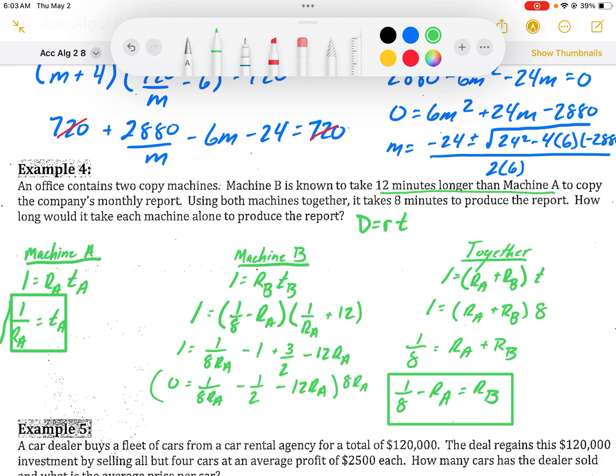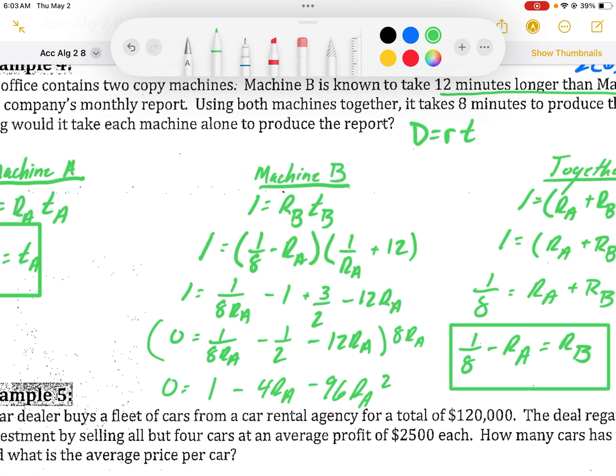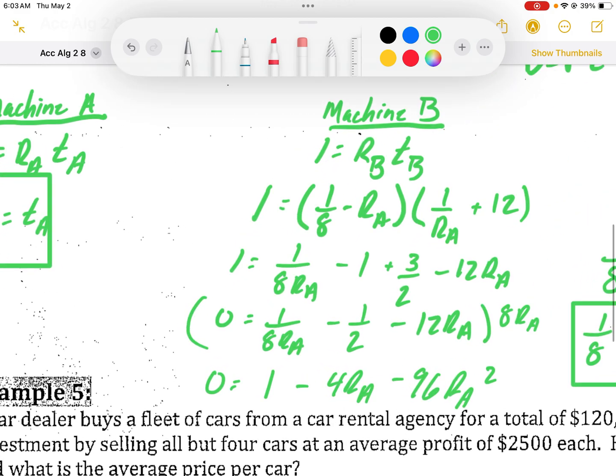And the reason why I'm doing it by 8 RA is so that I get rid of all the fractions here. So I'll have 0 equals 1 minus 4 RA minus 96 RA squared.